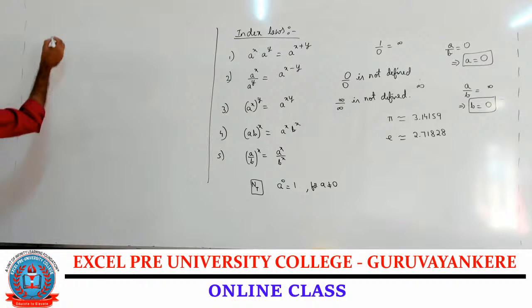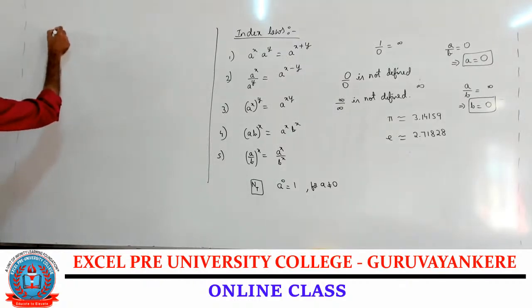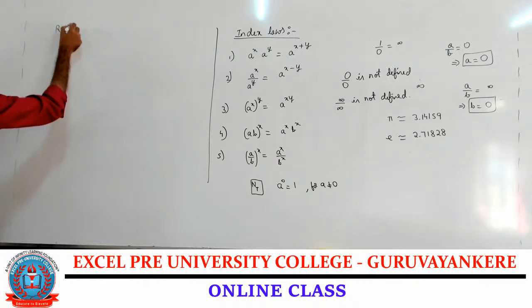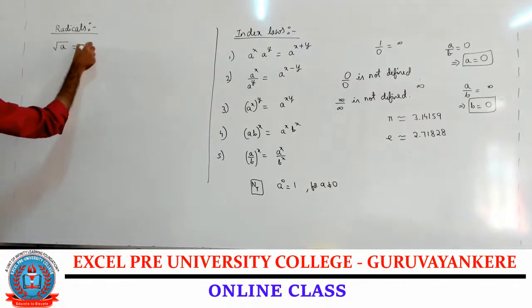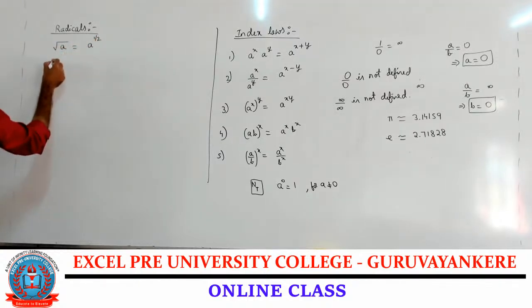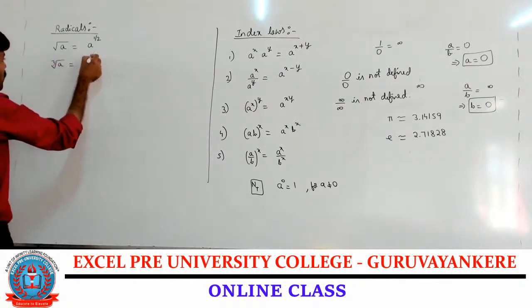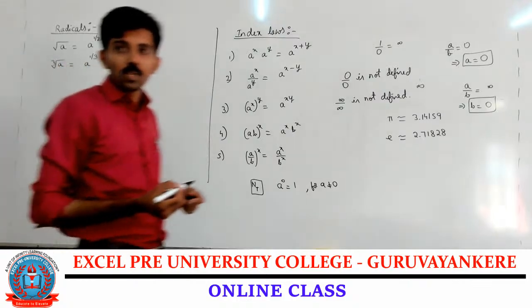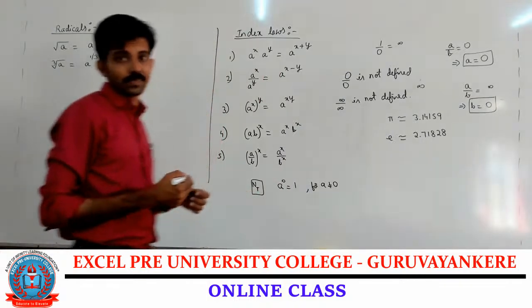Also we can discuss radical signs, radicals: square root of a, cube root of a, all those things. Square root of a means a to the power half. Cube root of a means a is raised to the power 1 by 3.